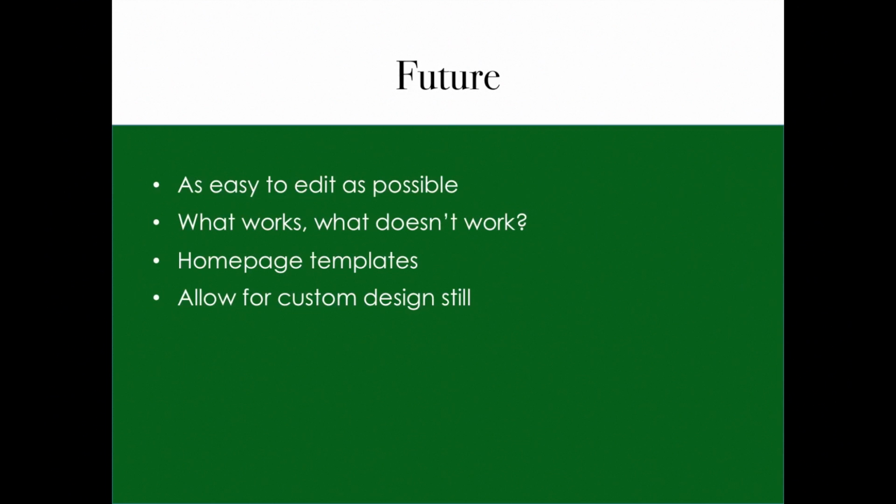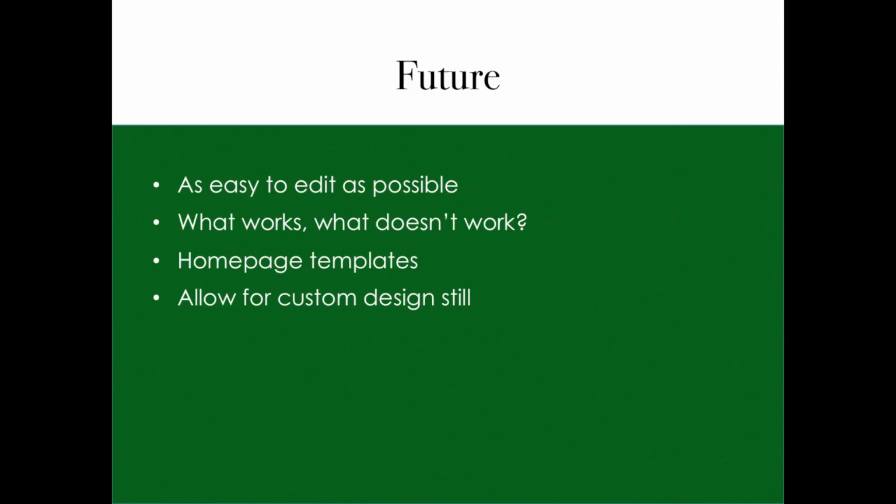It's keep thinking about what works and what doesn't work. So it may not just be today, it may be a month from today, it could be a year from today. Things change, and you've got to keep an eye on how you feel about the functionality behind the theme.